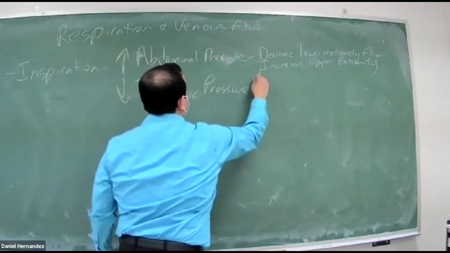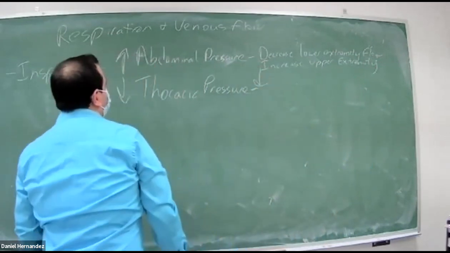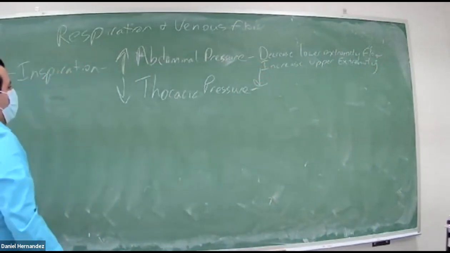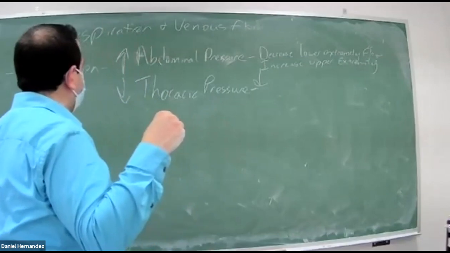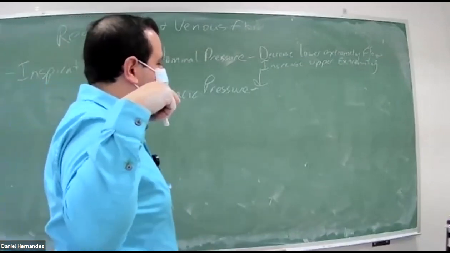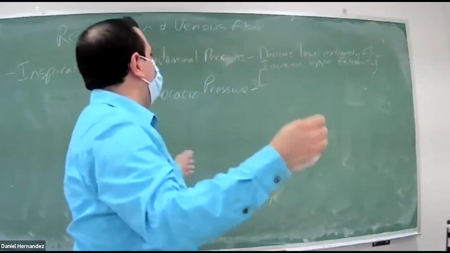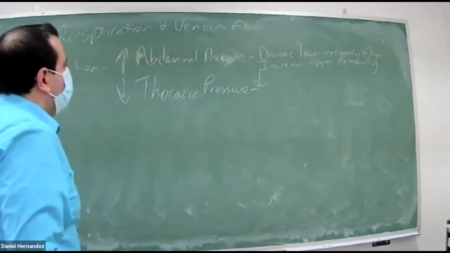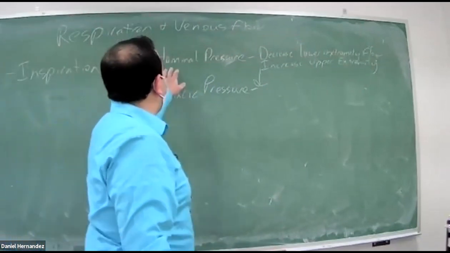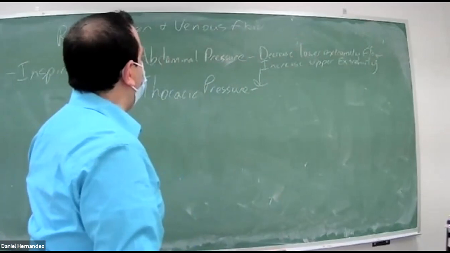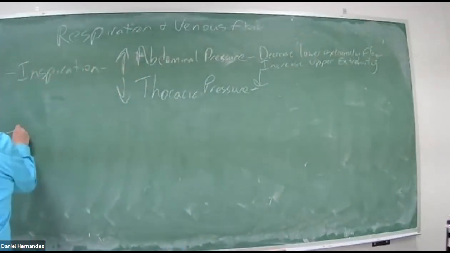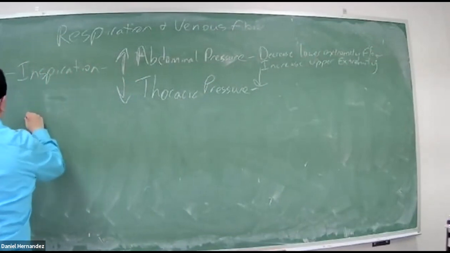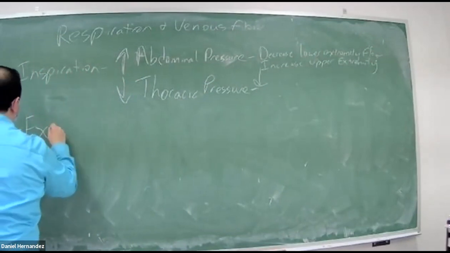Sorry, I should have put that down there. But we have lower pressure up here, so things want to go from high to low, so we're lowering the pressure in the thoracic cavity, you're going to increase blood flow in the arms, and you're increasing your abdominal pressure, so you have a high pressure now in the abdomen, you're going to decrease the flow in the legs. And then, you know, expiration is opposite.